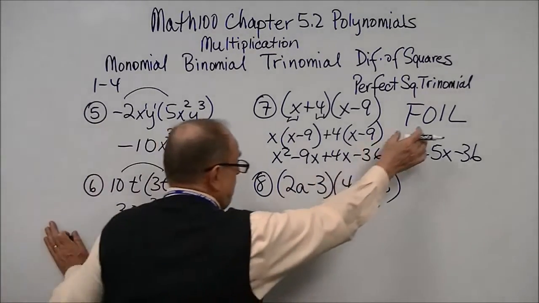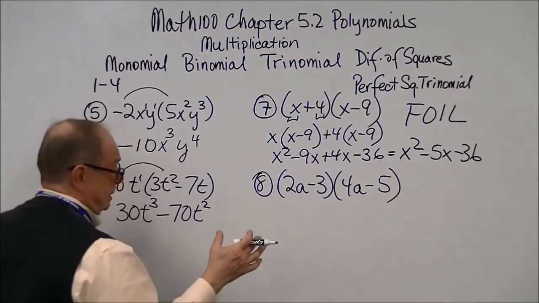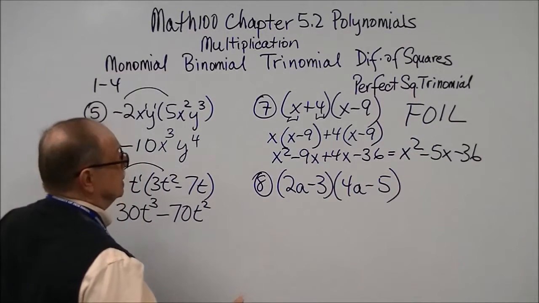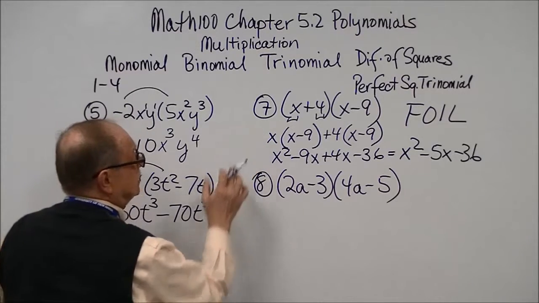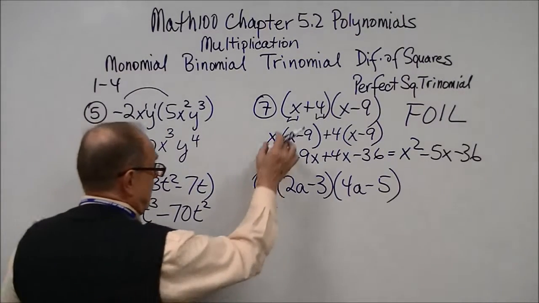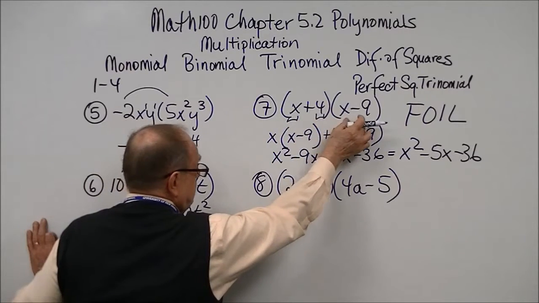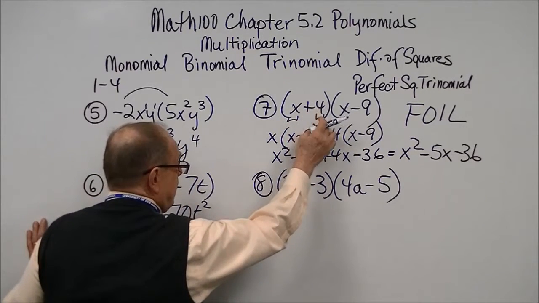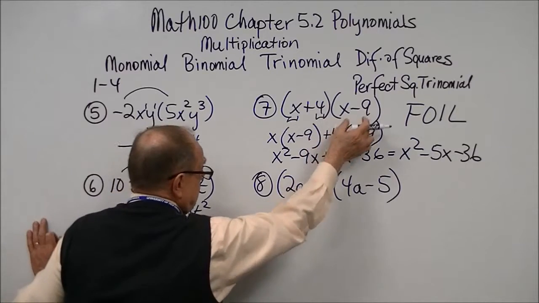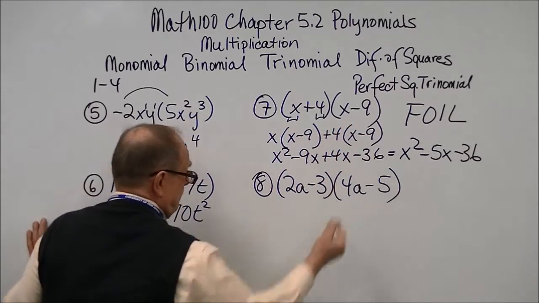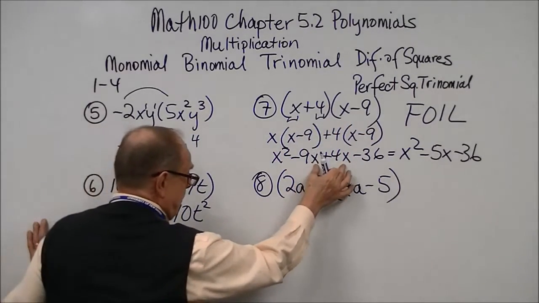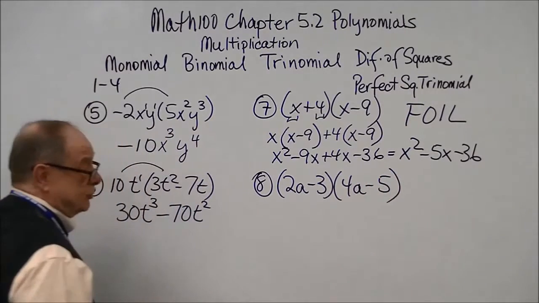Now, when you do the FOIL, which we'll show you later, it's actually a little easier once you get the rhythm of it, but this is the traditional way of doing it. Multiply each term of the first binomial by the second binomial, distribute, add up your like terms, and you get a trinomial.